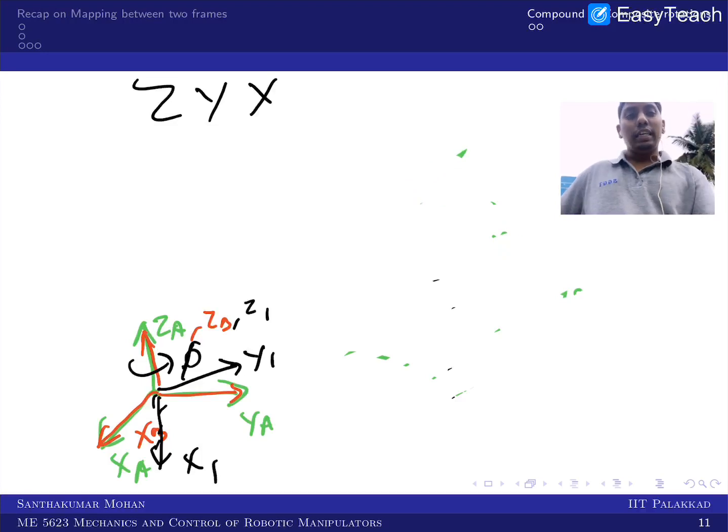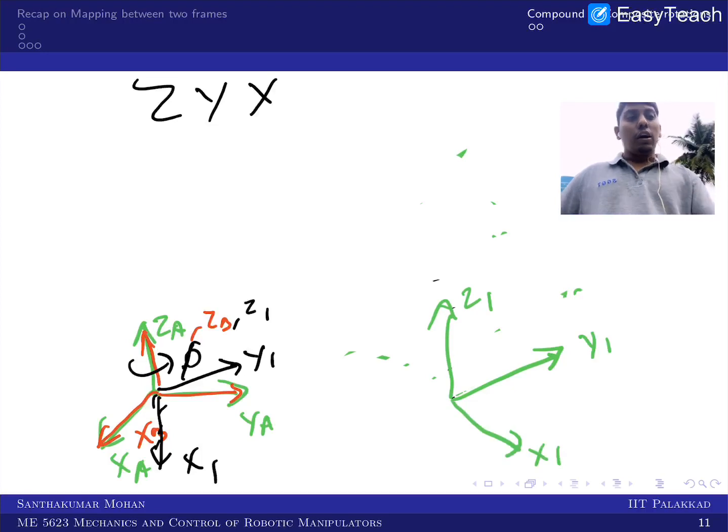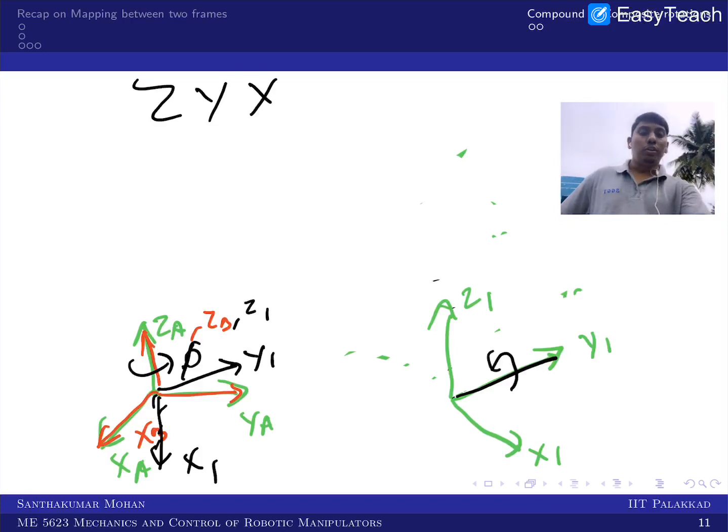So you can see here, this is what you got, y1, and this is your z1, and this is your x1. So now in the second case, I am rotating about this. Okay. So the rotation axis you can see. So this is your axis, and this is the way how it is coming out, that is what you call the rotation angle.